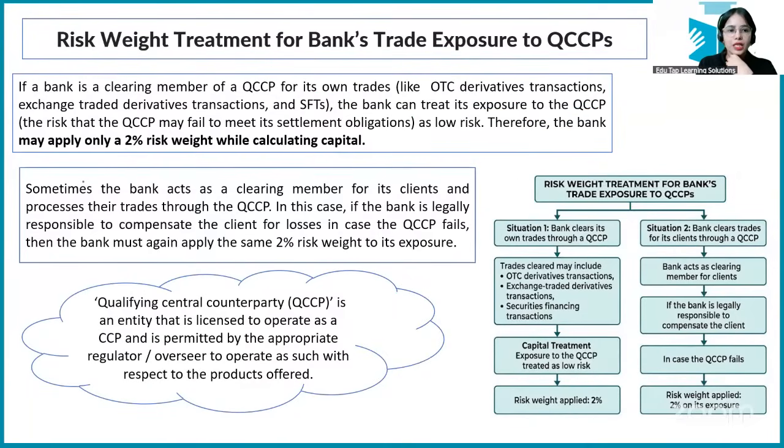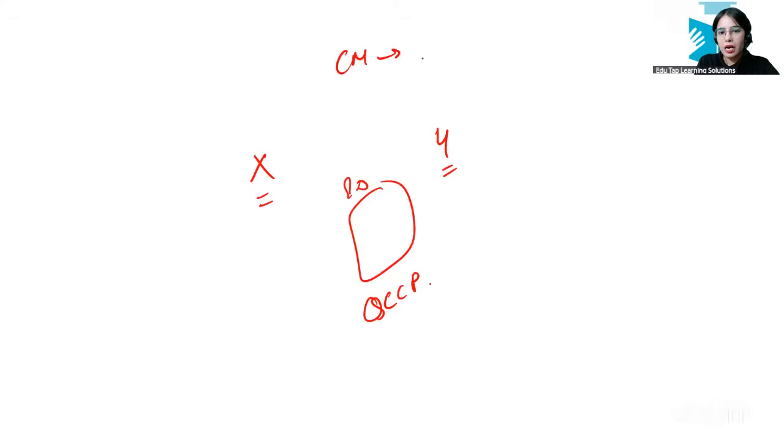Sometimes the bank acts as a clearing member for its client. Now, what is happening? Let's say there is X and Y. They are coming into an equity derivative contract. There is a qualified central counterparty that has to complete the transaction, and the clearing member is a bank. Now, what if Y fails? Who is responsible for completing this transaction?